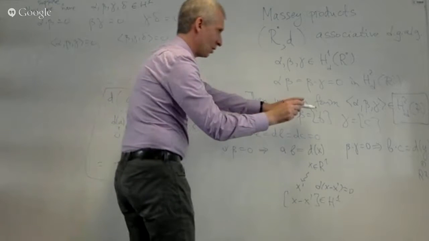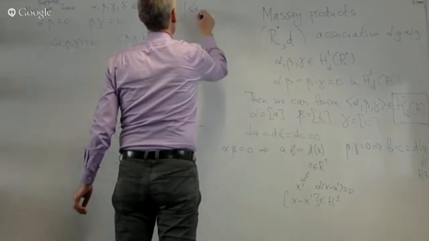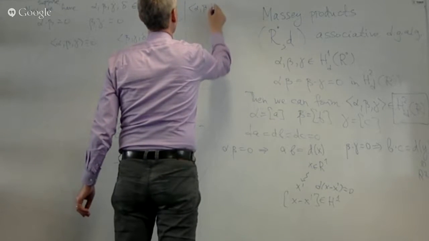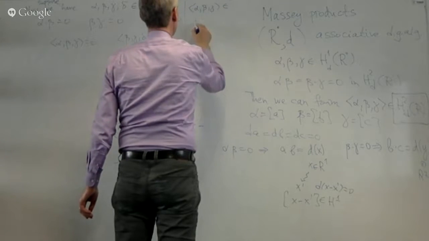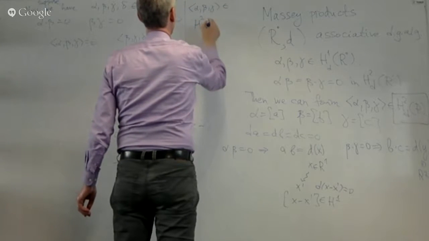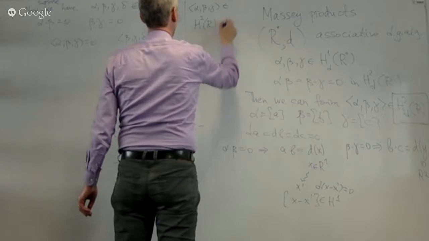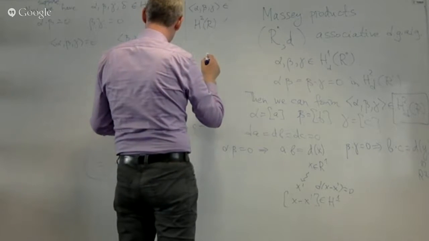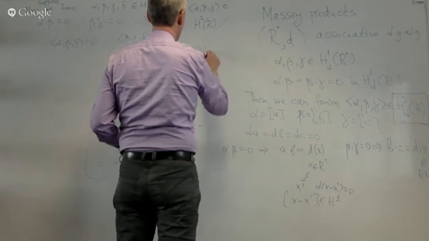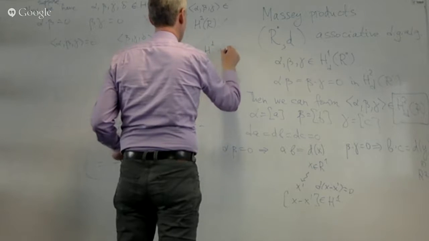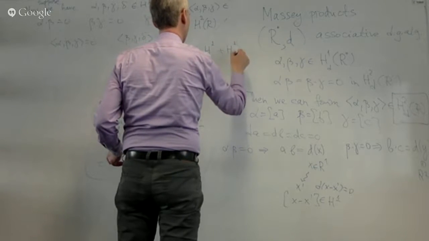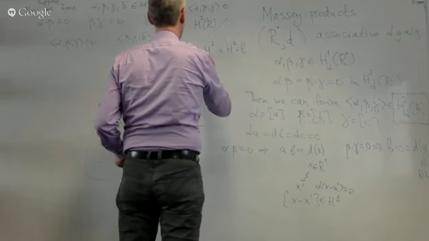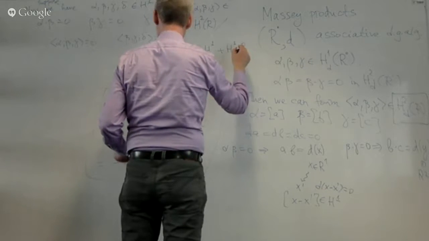So formally now I say ABC is defined when alpha beta gamma is in H2 of R, modulo A times H1 plus H1 times B. So alpha times H1 is H1 times gamma.